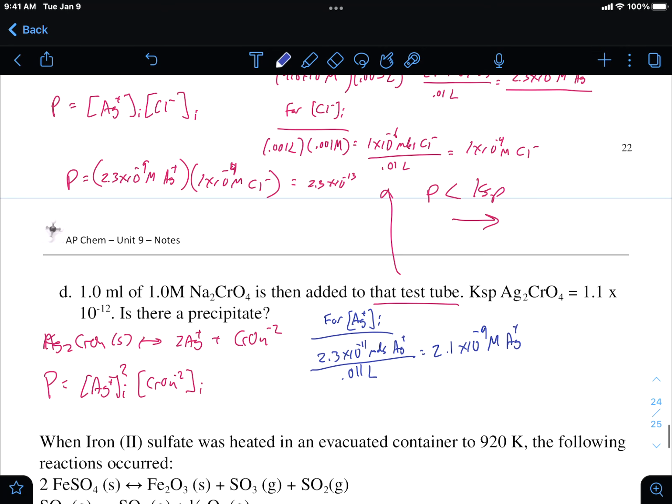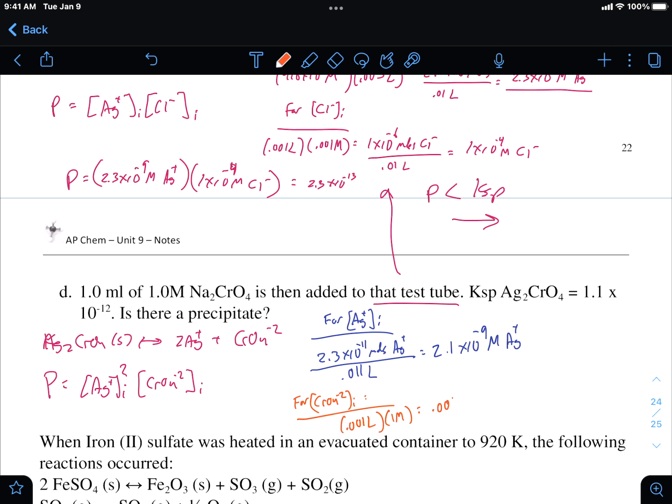Okay. And now let's calculate what our chromate is. So we had 1 milliliter of 1 molar.